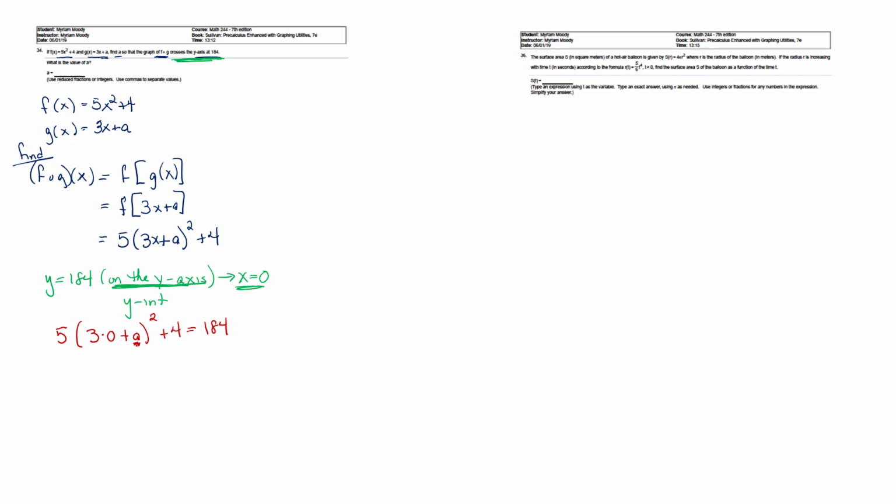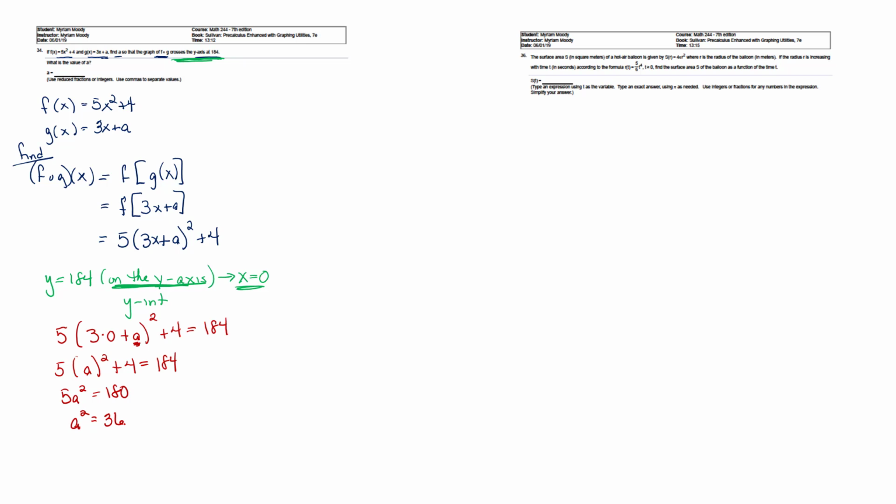And it is. So, when I keep simplifying this, I basically have a squared plus 4, because the 3 times 0 drops out, right? It just becomes 0. All we're doing is solving an equation. So see about following along with me. Okay?